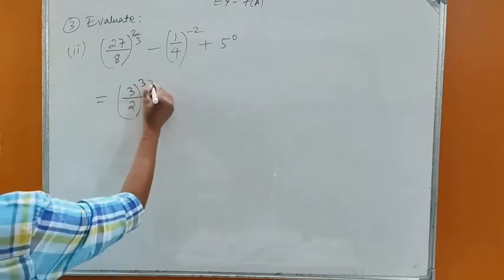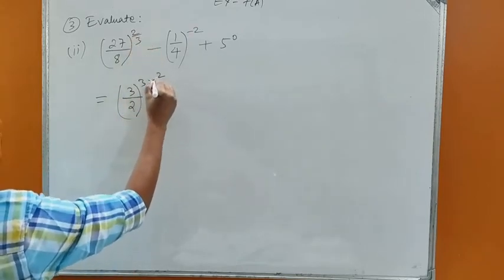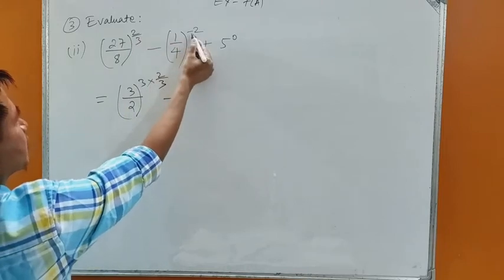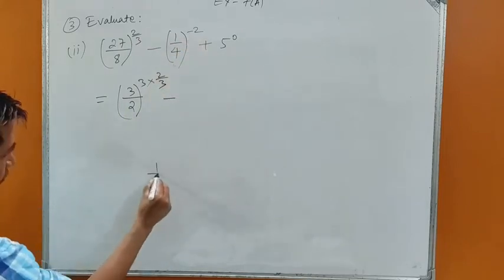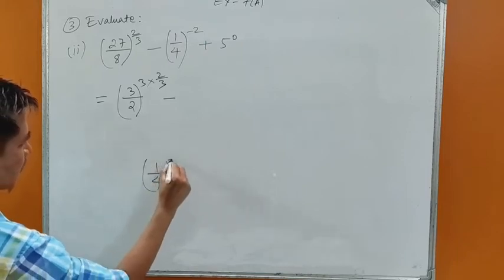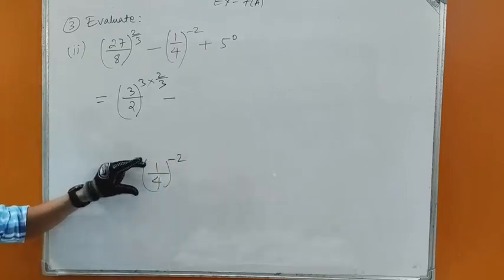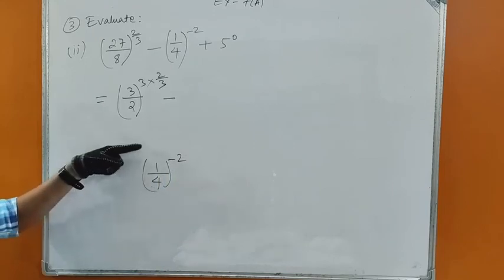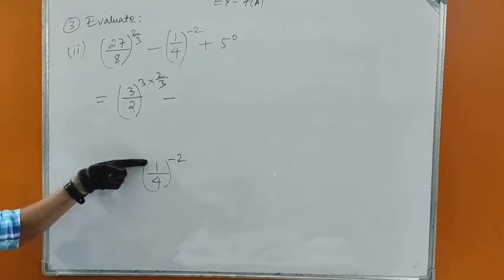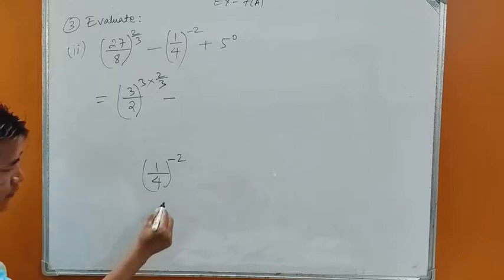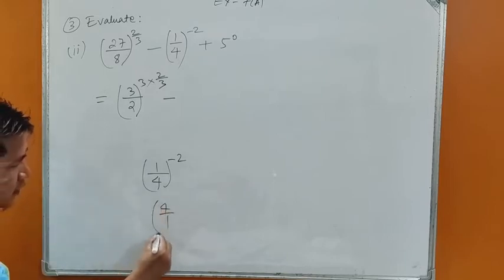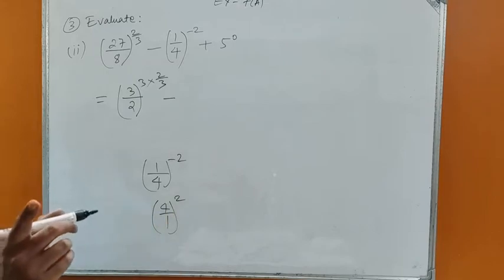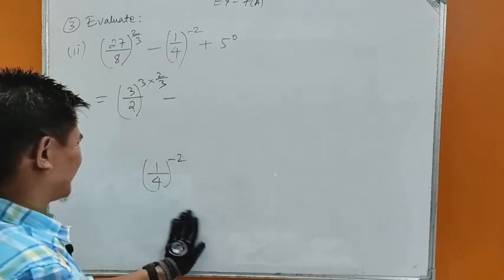Now we have the power 2 upon 3, minus 1 upon 4 whole to the power minus 2. If you change the number from the denominator to the numerator and from the numerator to the denominator, we get 4 upon 1, and the sign of the power changes to plus 2. Let me explain this.